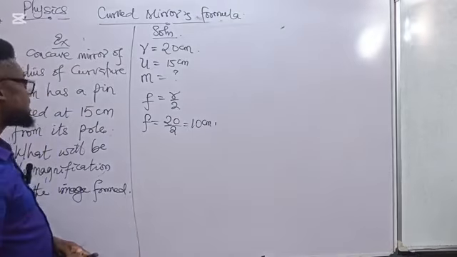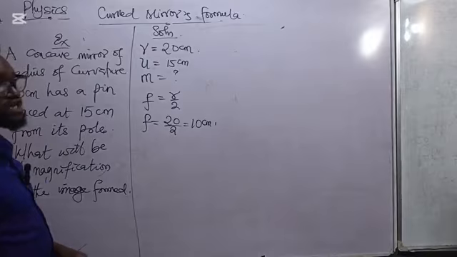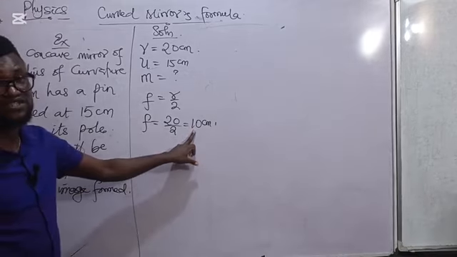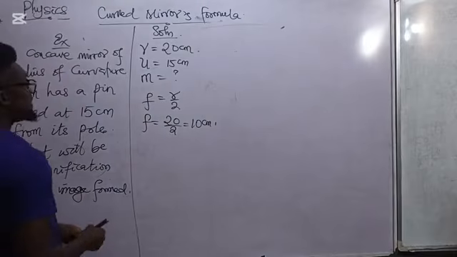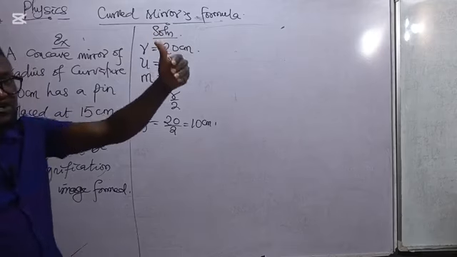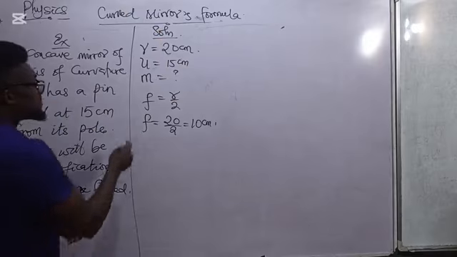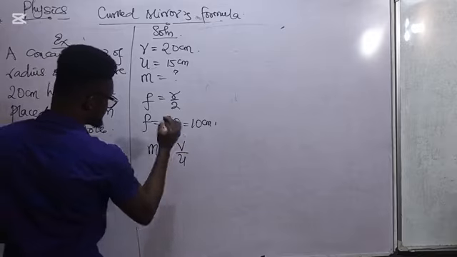Now, in using the mirror's formula, f should be assigned positive because the mirror here is a concave mirror. Then u, the object distance, is placed before the mirror, hence it should be assigned positive. Now, from the formula we have, magnification is v over u.